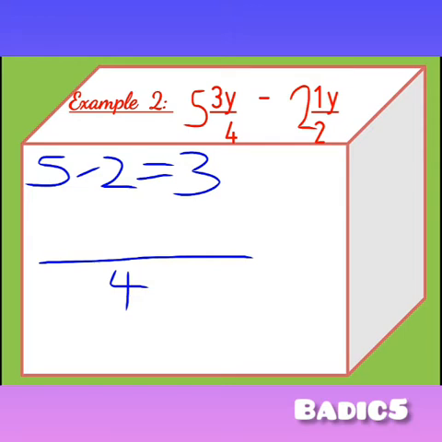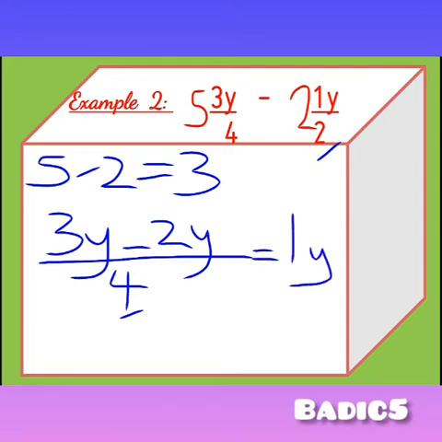4 goes into itself once, so 1 times 3y remains 3y. You keep the minus there. This 2 goes into 4 is 2. 2 times 1y is 2y. Do we understand to this point? Let's simplify. 3y minus 2y is y, or we say 1y. Still all over 4. That is the second answer.